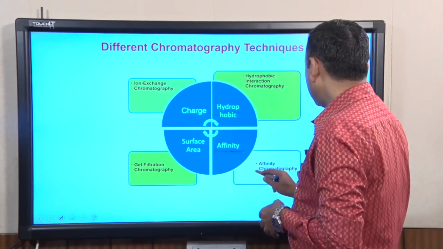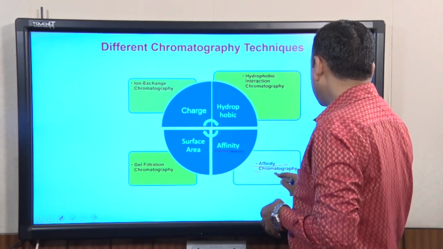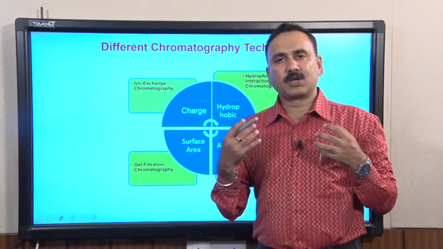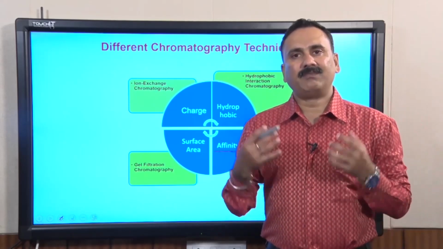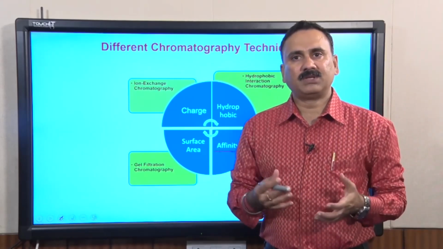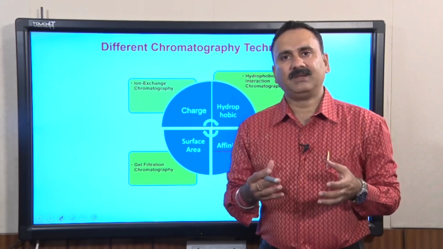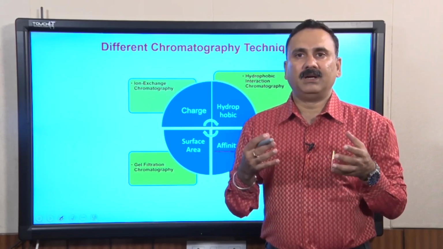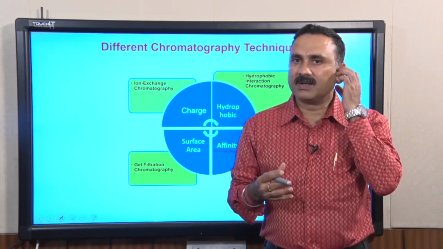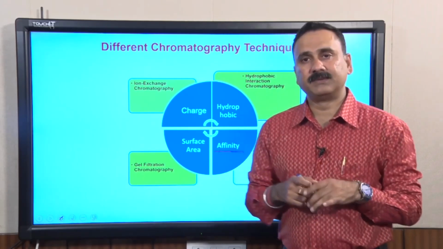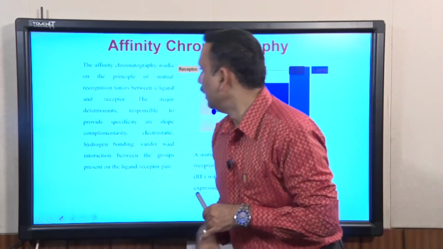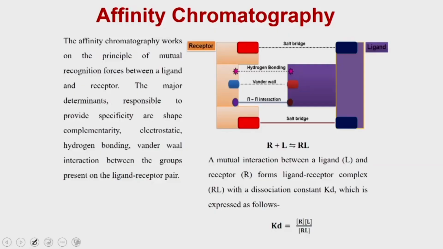Affinity chromatography, as the name suggests, has an exclusive affinity for a particular ligand. So, the first question is how a particular receptor develops an exclusive affinity for its respective ligand. Affinity chromatography works on the principle of mutual recognition forces between a ligand and a receptor.